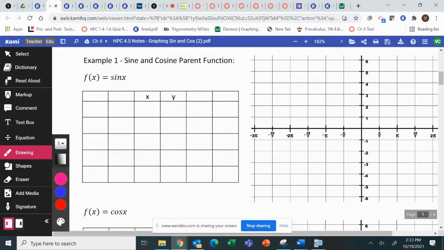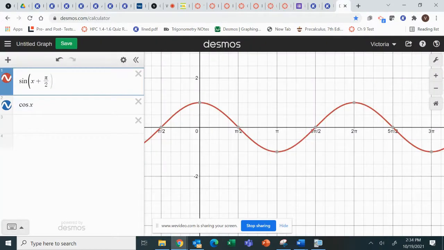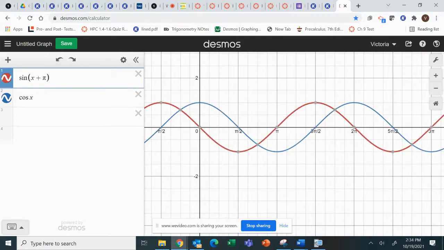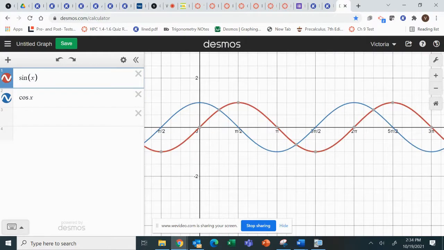You'll notice there's only 5 points that I have in my table. I don't need every single value of sine around the entire circle. All I need to know is how high up it goes and how far down it goes. So just going back to this Desmos, let me undo this translation.